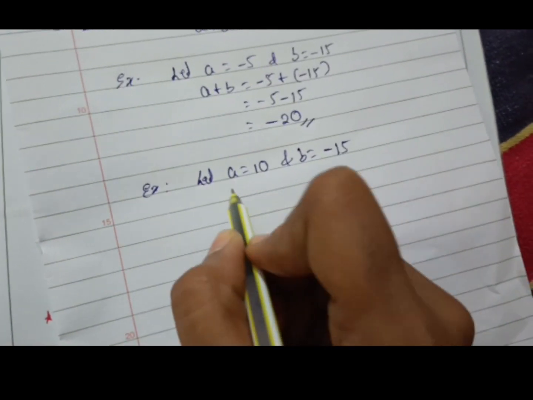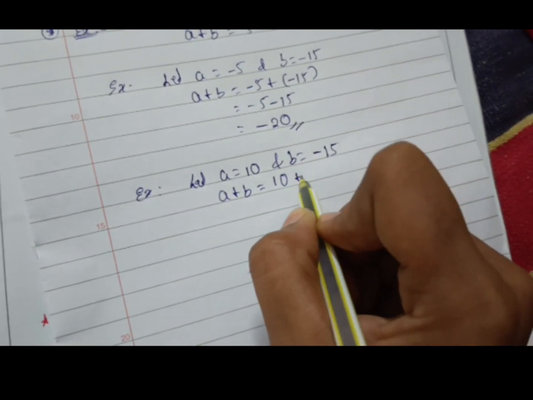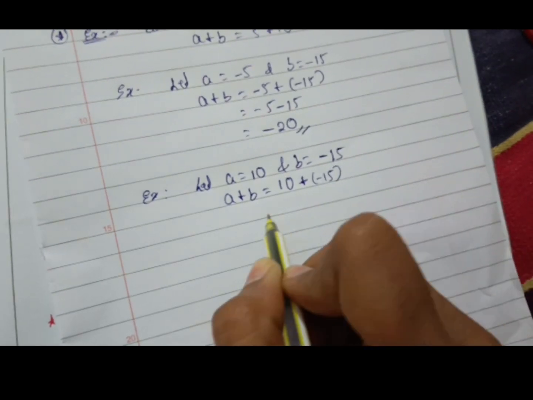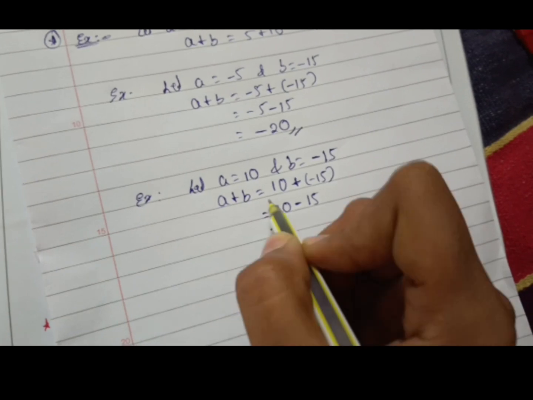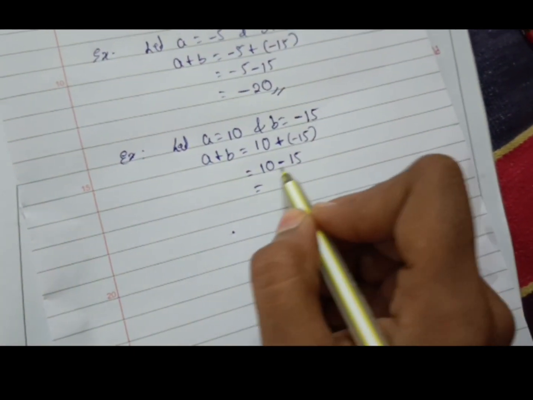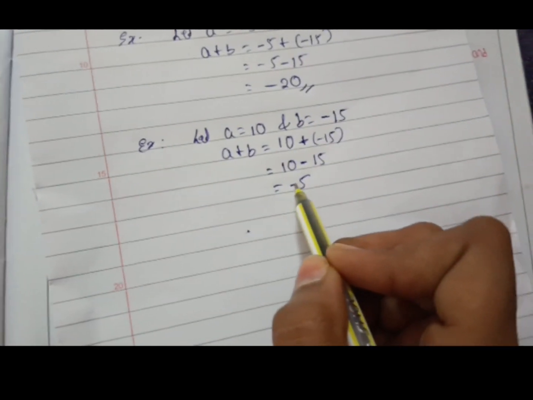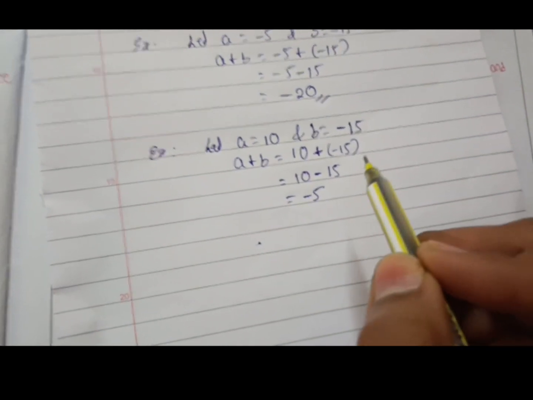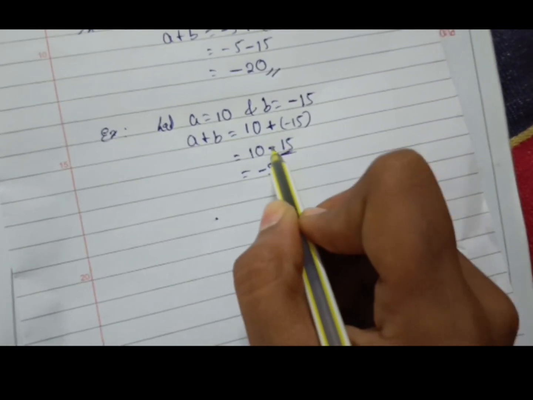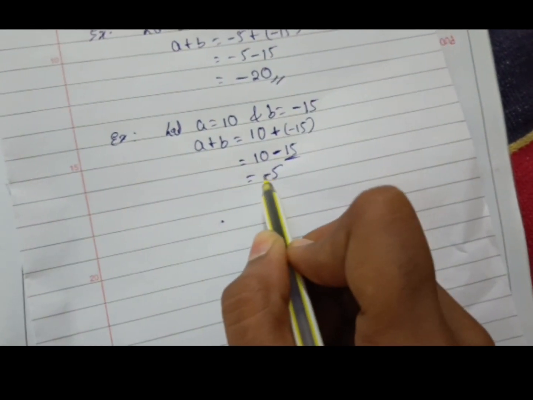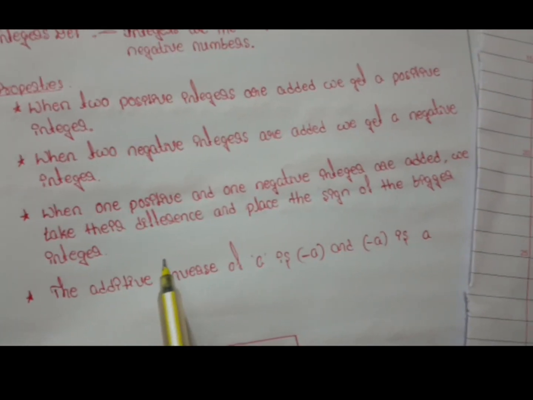When we add these two integers, we get 10 plus minus 15, which is 10 minus 15, that is minus 5. Here we have to place the sign of the bigger integer. Here 15 is the bigger integer which has a negative sign, so the result will be minus 5. So this property is also satisfied.